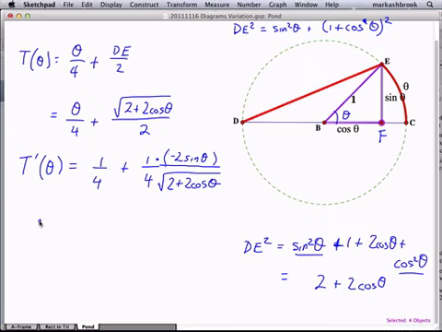So equal to 0. Since I'm setting it equal to 0, I'll multiply both sides by 4. I'll get 1 plus -2 sine theta over the square root of 2 plus 2 cosine theta. Check my math. Make sure I don't make any mistakes. Are we good?